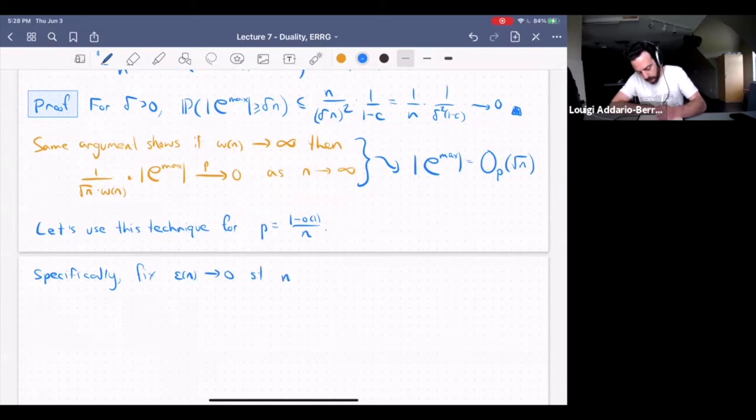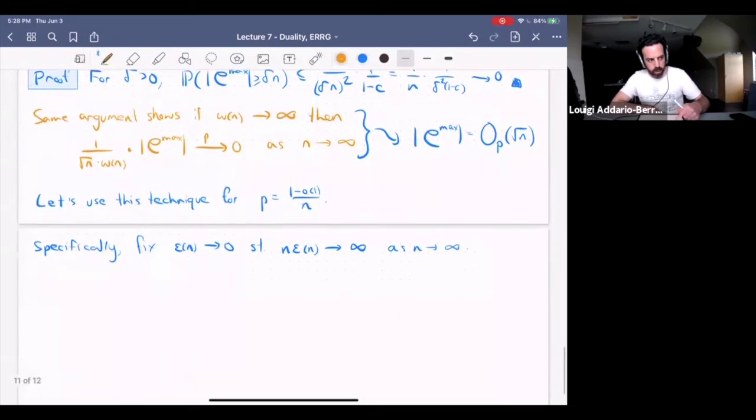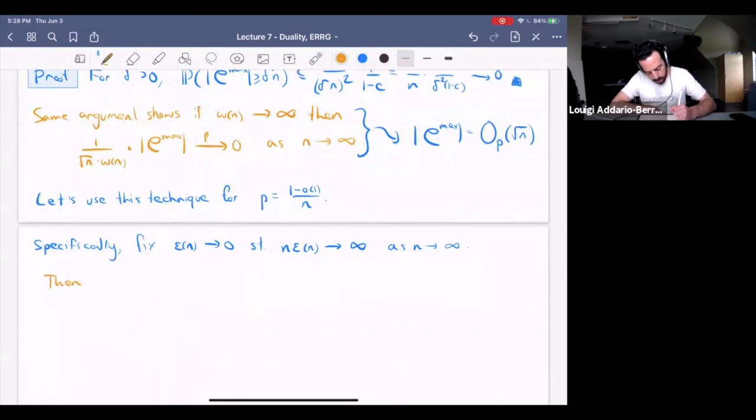So I want n times epsilon_n to tend to infinity as n tends to infinity. Then we'll ask about component sizes in G(n, (1 minus epsilon_n) over n).